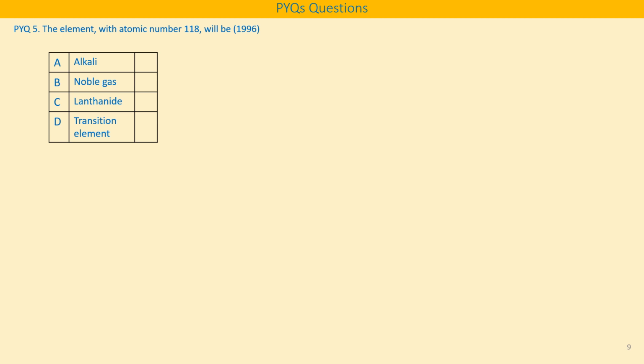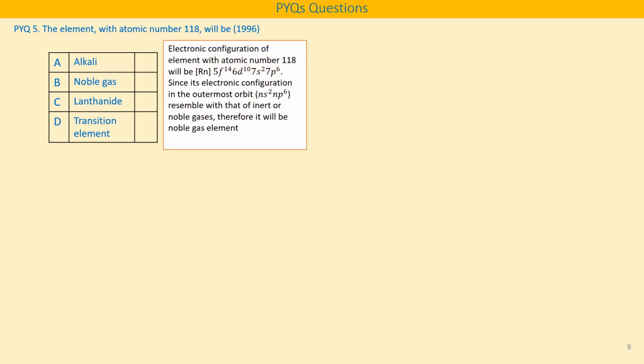The element with atomic number 118 will be: option A, alkali; option B, a noble gas; option C, lanthanide; and option D, transition element. The electronic configuration of the element with atomic number 118 will be 5f14, 6d10, 7s2 and 7p6.